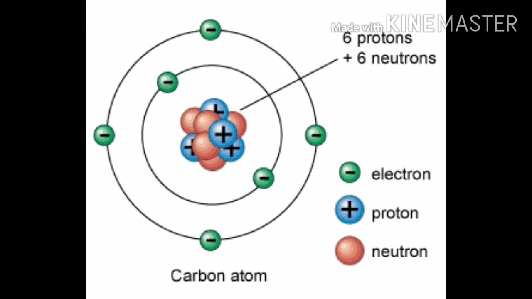The black lines which make circular paths around the nucleus are known as orbits. These orbits contain negatively charged particles known as electrons. Here the green portion shows the electrons in the circular path. And all carbon atoms are similar in their atomic structure.